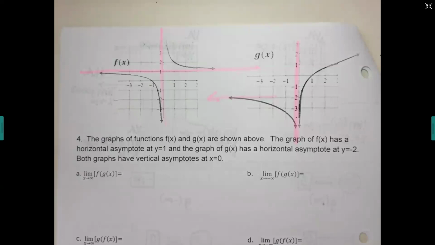Right side, so I'm covering up the left and I'm getting closer and closer to 0. What are my y values doing? Going to infinity. And then I'll go to infinity on the graph of G, which would be this end. What's that end doing? But it keeps going up forever, so it'd be infinity. Good job. Yes.